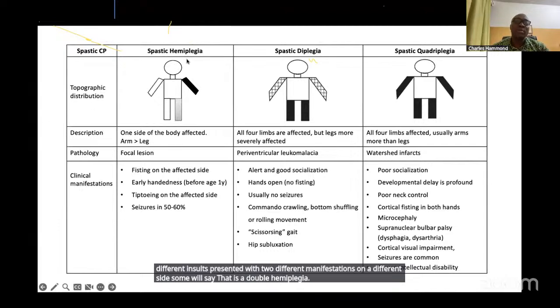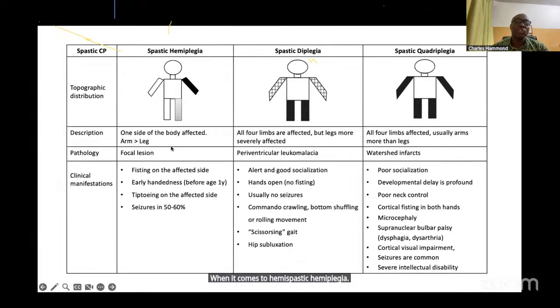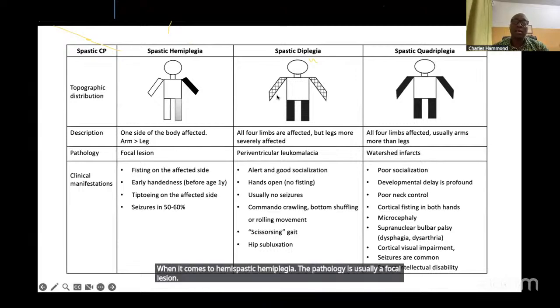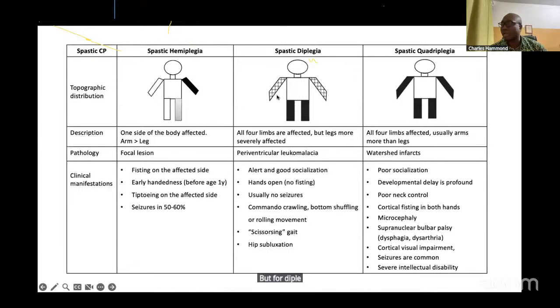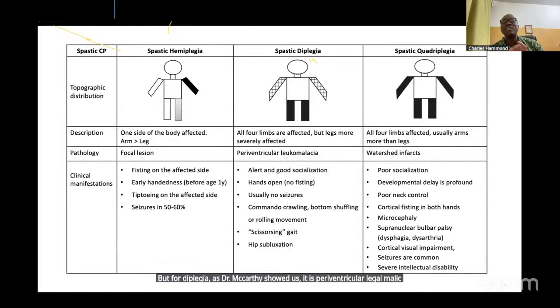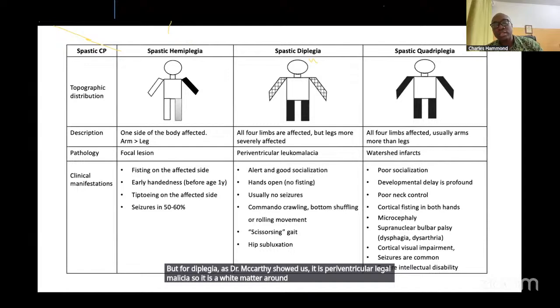When it comes to spastic hemiplegia, the pathology is usually a focal lesion. But for diplegia, as Dr. McCarthy showed us, it is periventricular leukomalacia. So it is the white matter around the ventricles that is most affected.